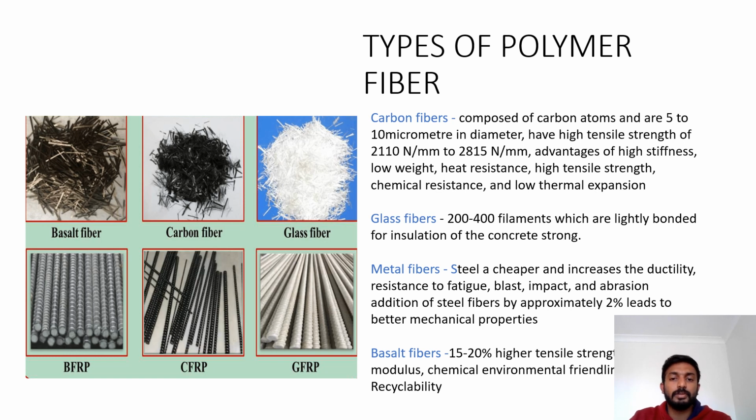Glass fiber, with 200 to 400 filaments, has high bonding capacity. The metal fiber, the steel, is normally cheaper, with high increase in ductility, and resistance to fatigue, blast, impact, etc. Basalt fiber has 15 to 20% higher tensile strength and modulus, and it can be used in chemical environments and is environmentally friendly.